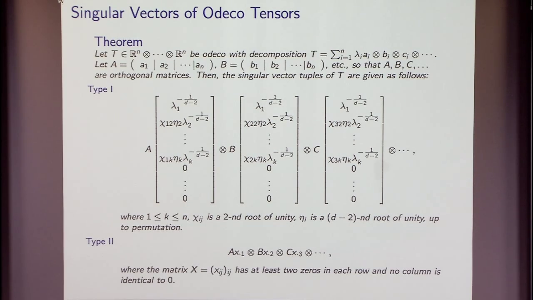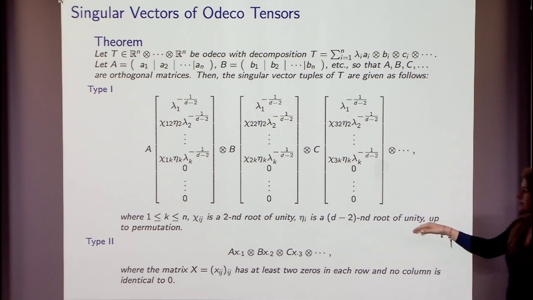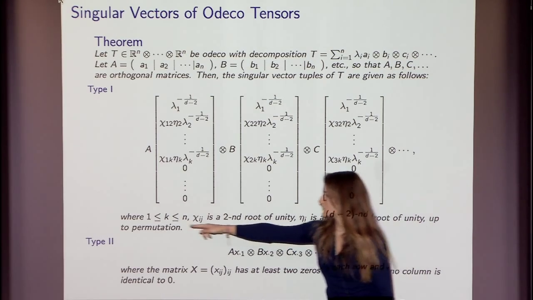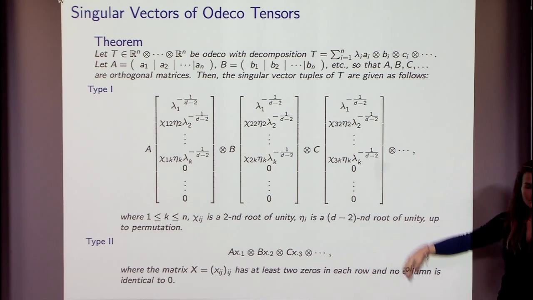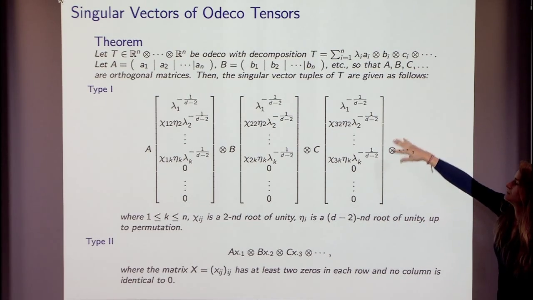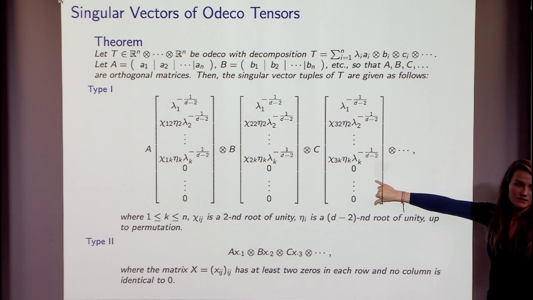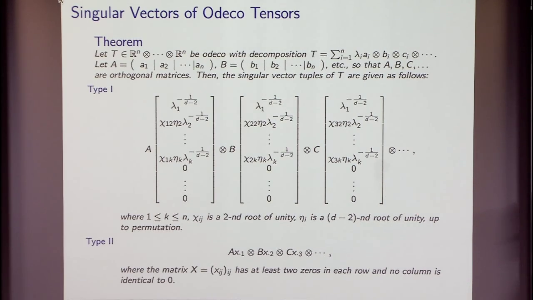Can you remind me, what is k? It doesn't show up in the hypotheses. Sorry, so k, you can pick any k between 1 and n, which shows how many of these entries here are zeros. And then you can also permute, so not necessarily the last n minus k are 0.